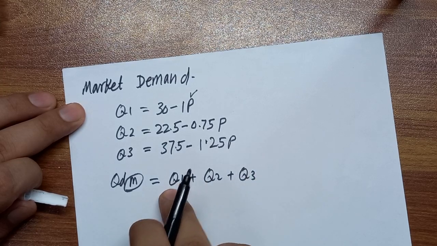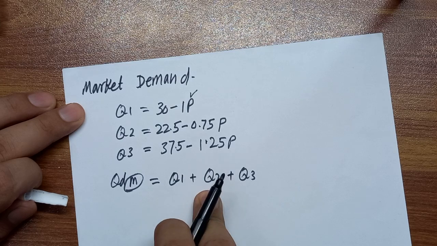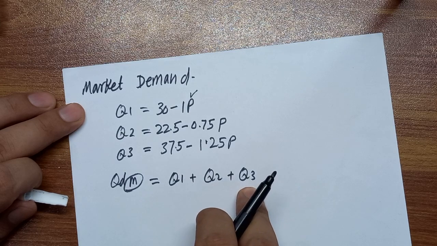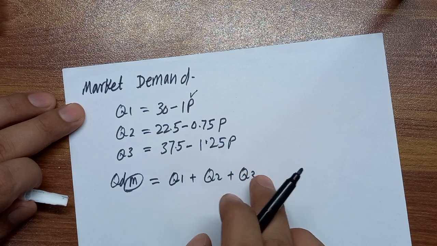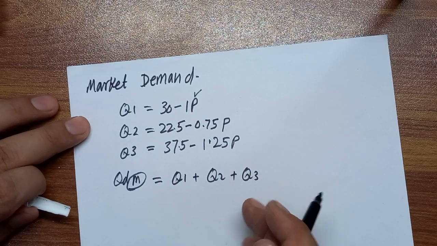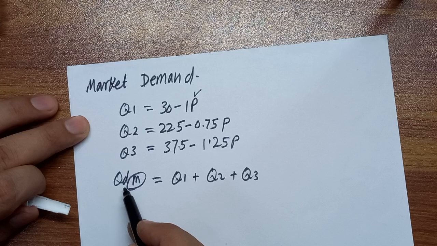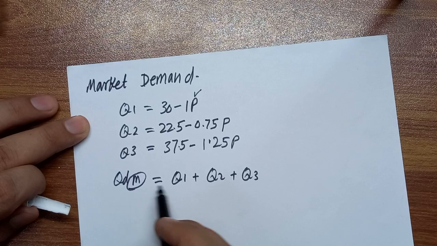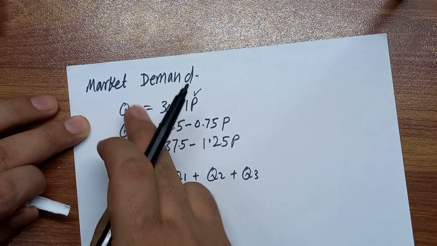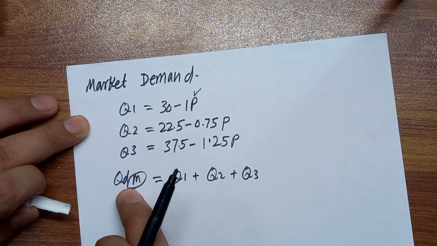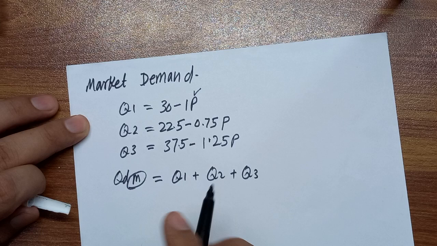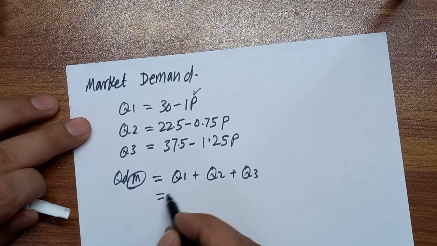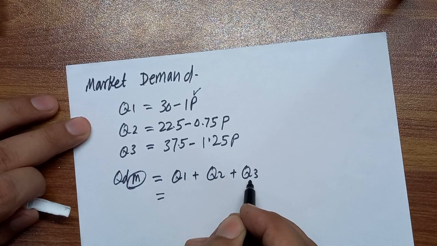These are quantity demand 1, quantity demand 2, quantity demand 3, the demand inside the market. So we will add all of these to get the quantity demand of the market, and we will put in the values of Q1, Q2 and Q3.